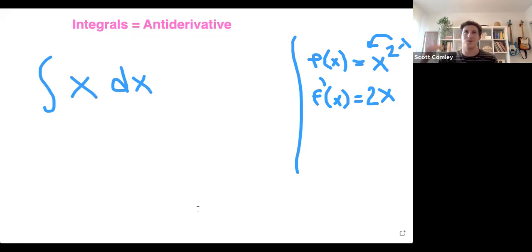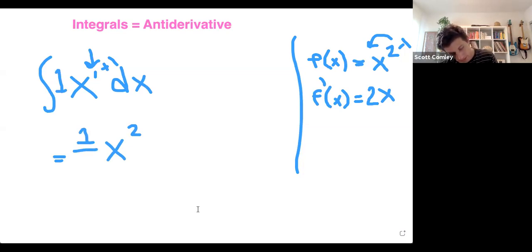But now we're going backwards. This is x to the 1. Instead of going down by 1, we're going to add 1. So it would be x squared. And then whatever the coefficient was, in this case a 1, we put that new exponent below it.